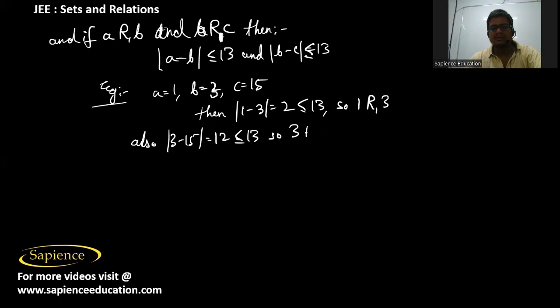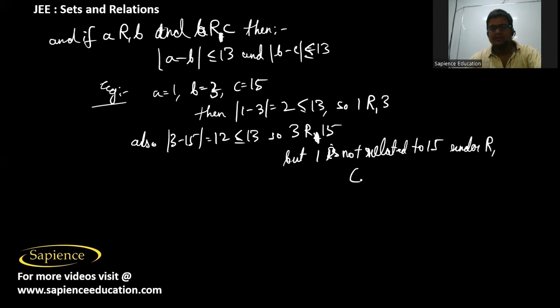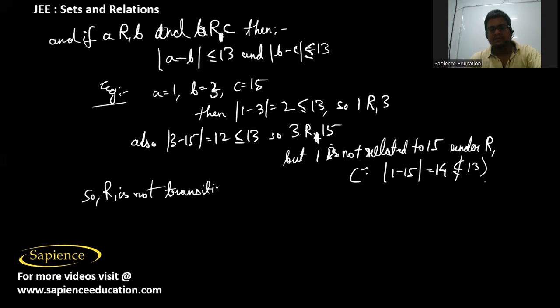So 3 is related to 15 under R1, but 1 is not related to 15 under R1, since mod of 1 minus 15 is equal to 14, which is not less than or equal to 13. So R1 is not transitive, and hence R1 is not an equivalence relation.